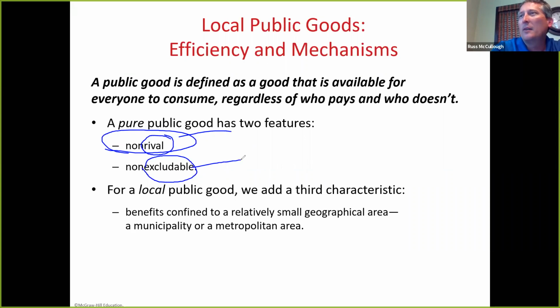Non-excludable, what's that one? Non-excludable. A private good is excludable. So what's non-excludable? The cheeseburger that McDonald's sells is excludable, but public goods are non-excludable. Yeah, everyone benefits.